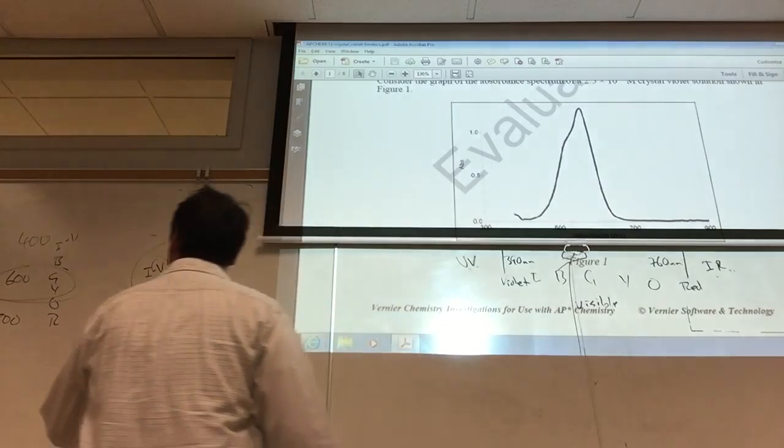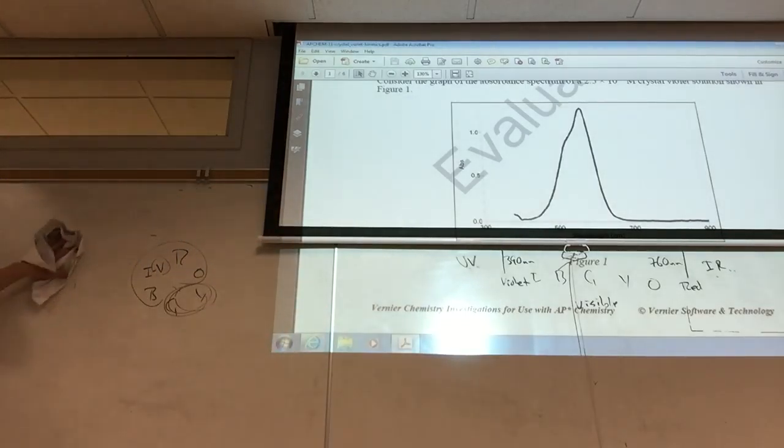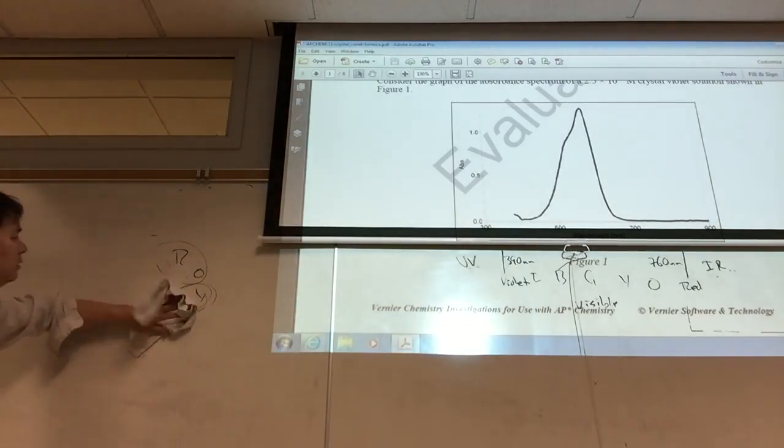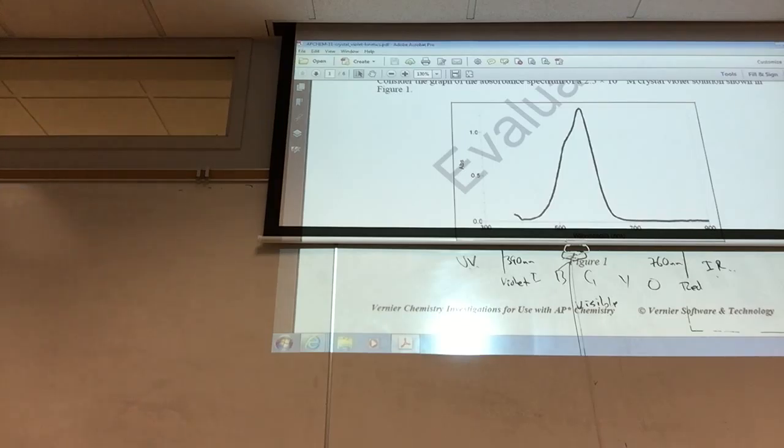The next thing is Beer's law. Do you remember Beer's law? Beer's law says that the absorbance is equal to a constant times the concentration.